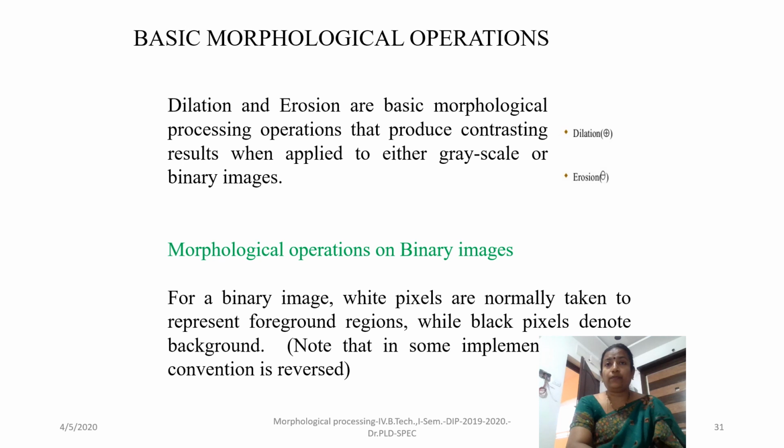Dilation and erosion are basic morphological processings that produce contrasting results when applied to either grayscale or binary images. Dilation is represented with the plus symbol in a circle and erosion with the minus symbol in a circle. In morphological operations on binary images, white pixels are normally taken to represent foreground regions while black pixels denote the background.